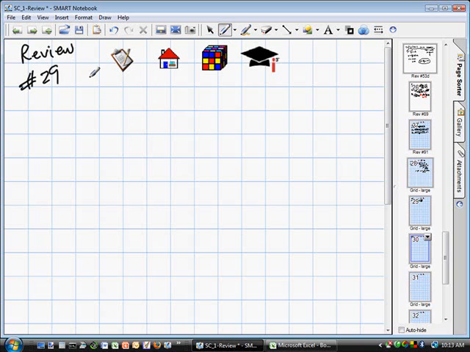So our equation reads y equals x minus 1 to the third power plus 2 times x minus 1 squared. Okay, so it says find the intercepts. How do you find the intercepts?